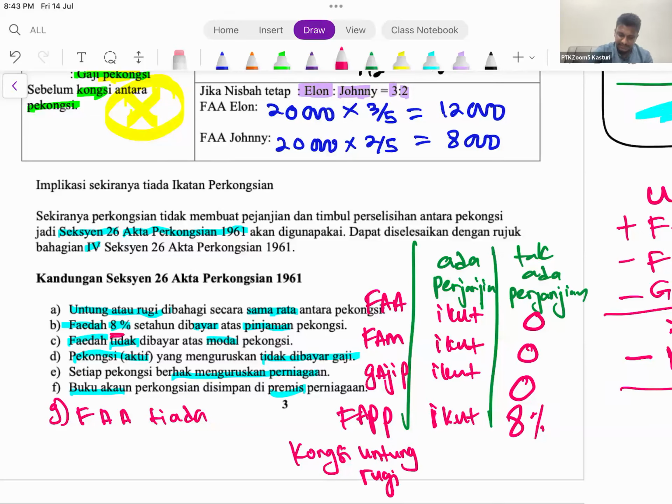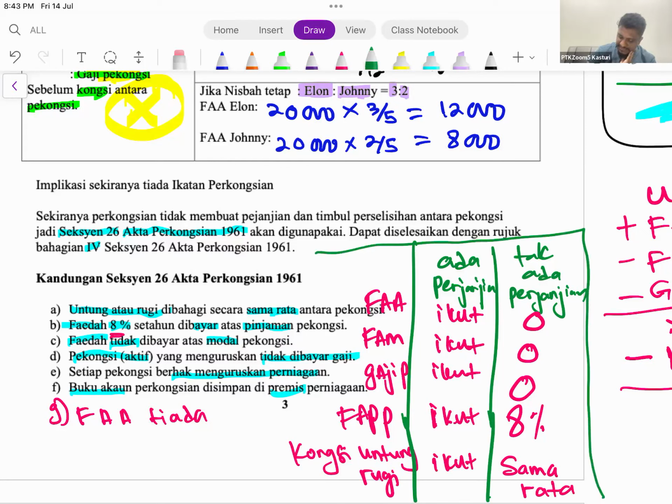Kalau ada perjanjian, kita ikut perjanjian. Kalau tak ada perjanjian, sama rata. Equally share by everyone. So I advise you to write this because it's like a summary, easy to remember. Can you copy this? I give you 1 minute.